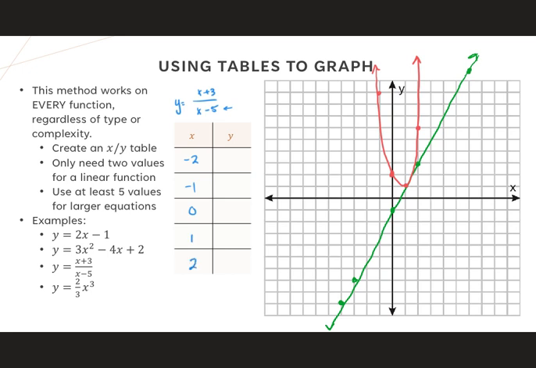All right, so -2 plus 3 over negative 2 minus 5 is going to be 1 over negative 7. So that's the point negative 2, negative 1/7. It's going to be really, really close to the axis, but not that far away. Actually, I'm going to have to do this differently.